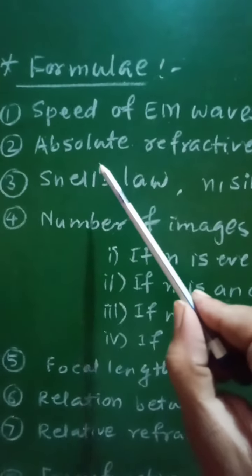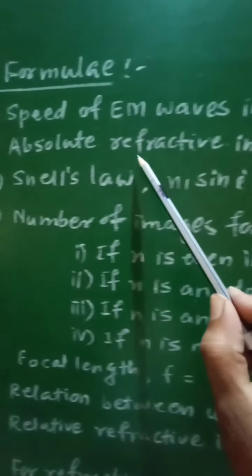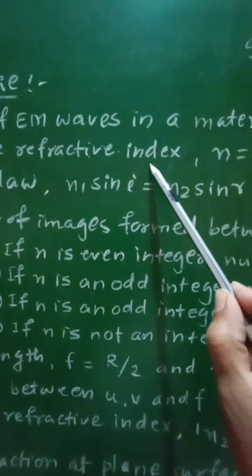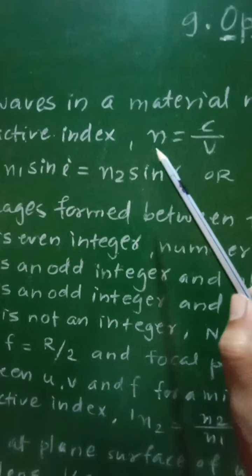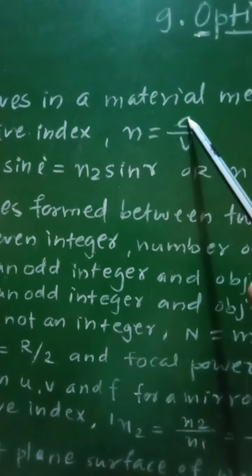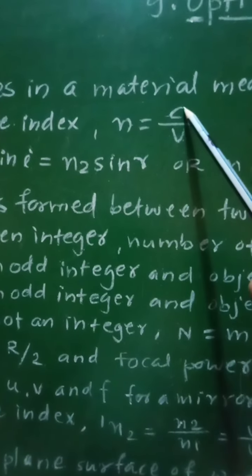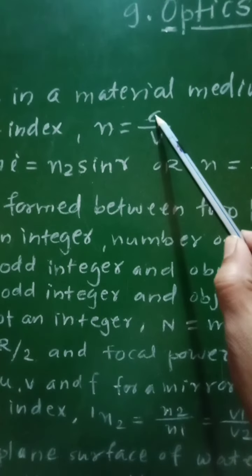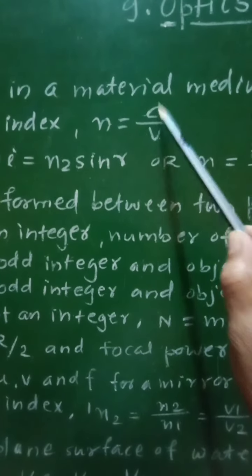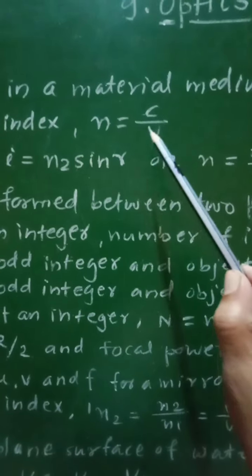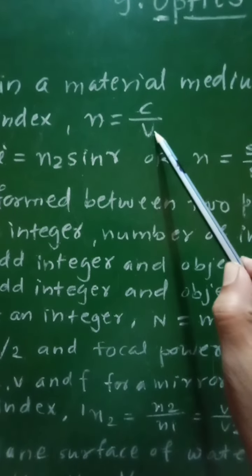Now let us see the second formula, which gives the absolute refractive index of any medium, that is refractive index of any medium with respect to air or vacuum. n is equal to c by v, where n is the refractive index of that medium, c is the speed of light in air or vacuum, and v is the speed of light or electromagnetic wave through that medium.